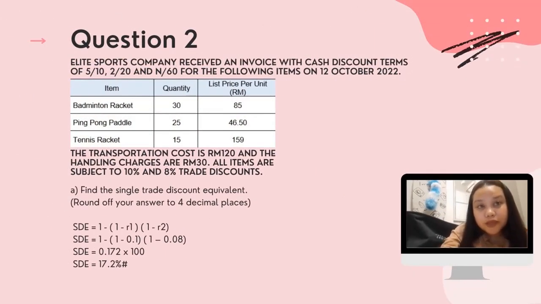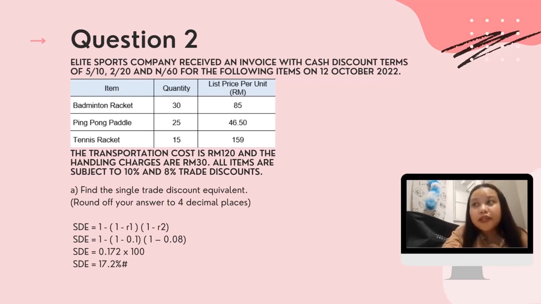Hi, my name is Mary Maguire, so I will explain question 2A, which is to find the single trade discount equivalent. As you can see, we will substitute into the formula SDE equals 1 minus open bracket 1 minus R1 close bracket, and then open bracket again 1 minus R2 and close bracket.